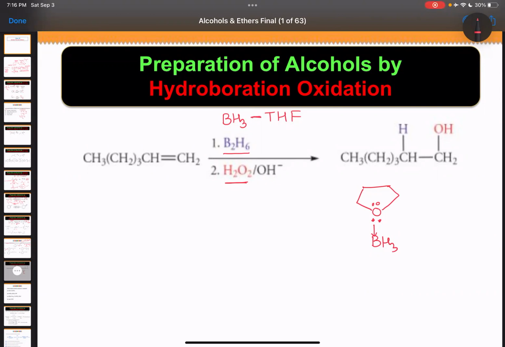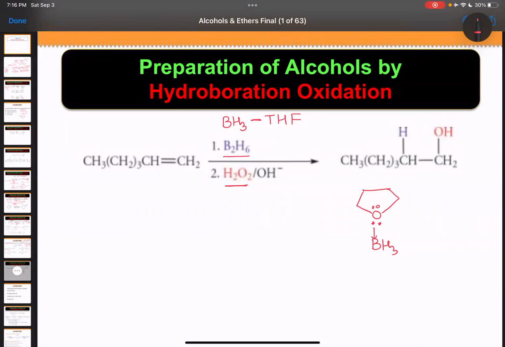This is followed by NaOH and H2O2. You take peroxide, but remember, when I ask my students how you are going to add water in an anti-Markovnikov way, all the students say in the presence of peroxide. They are partly correct, but they need to say what should be taken in the presence of peroxide. Peroxide alone is not the complete answer.